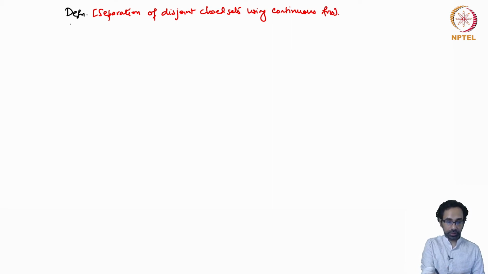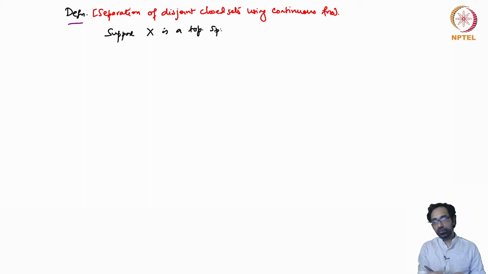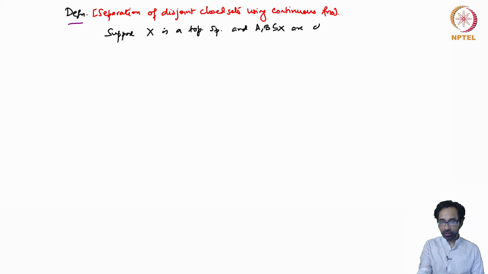So what do I mean by this? Suppose that X is a topological space. For the moment it is a general topological space, may not be normal, and A and B are closed disjoint sets in X.